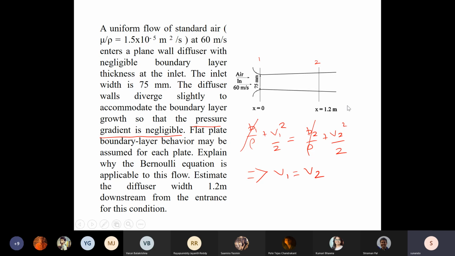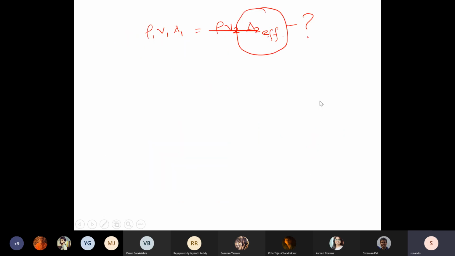So once again, I hope that you remember the concept of displacement thickness and the utility of it, and so if we could write this A2 effective, then the rest would be simple.